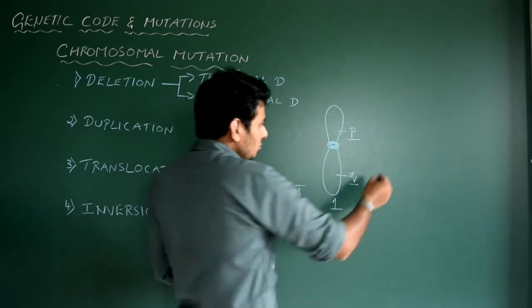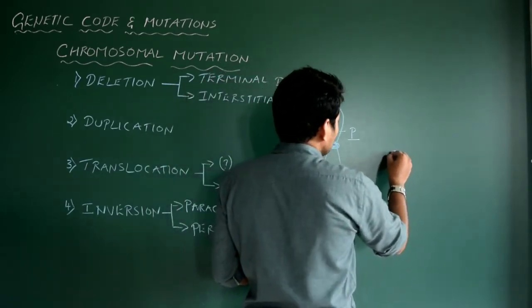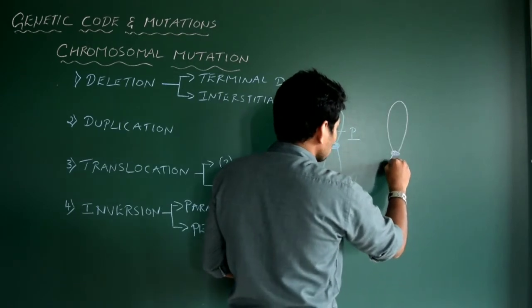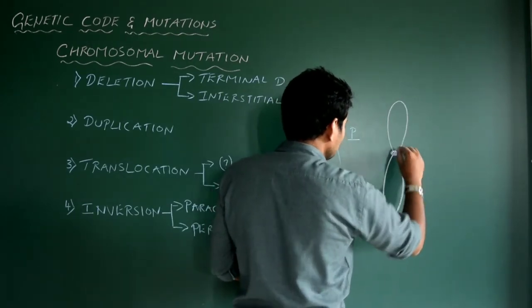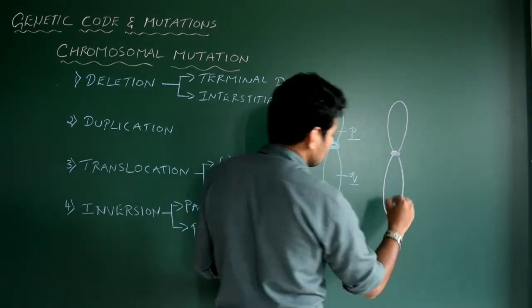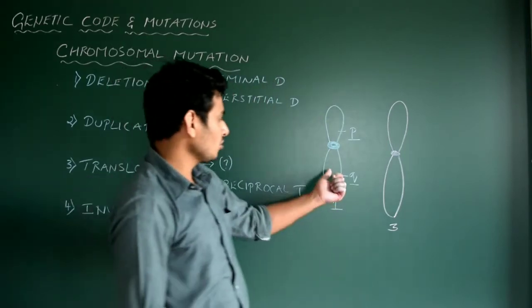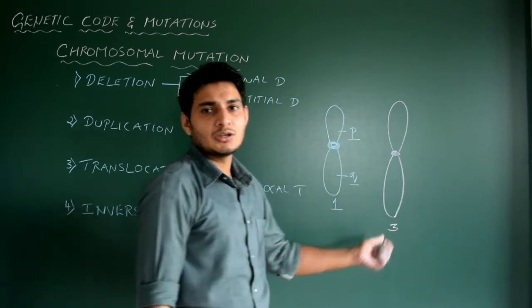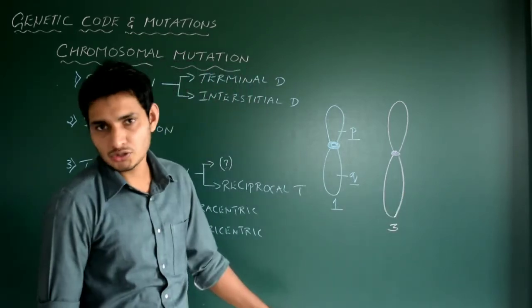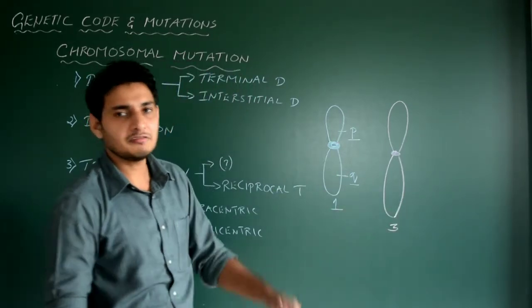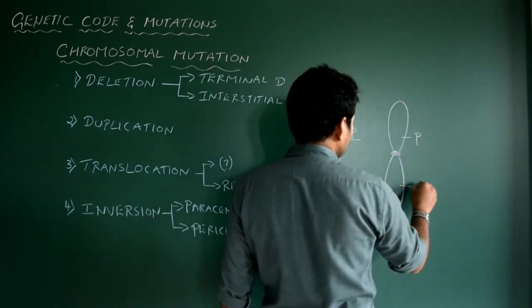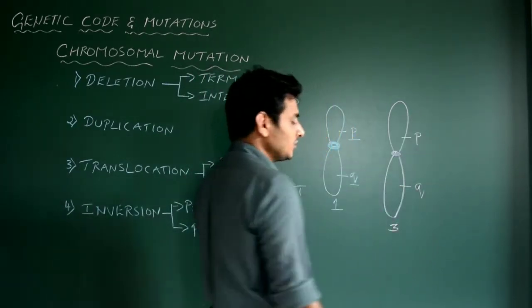Now I am going to use the purple color and let us imagine this is another chromosome. Let us name it chromosome number 3. For chromosome number 1, chromosome number 3 is non-homologous. It is not homologous because both chromosomes are entirely different. This is the short arm, that is P, and this is the long arm of chromosome number 3.